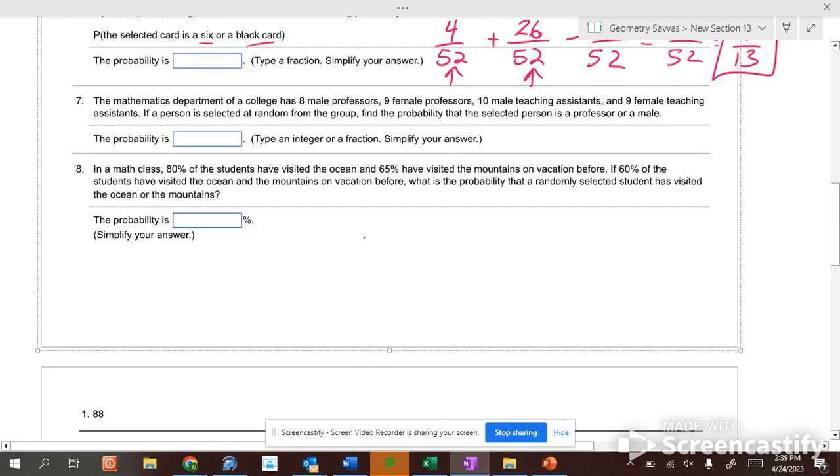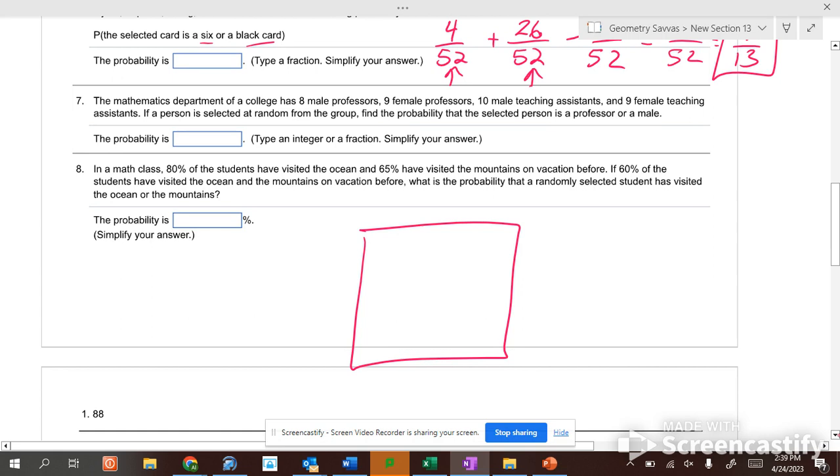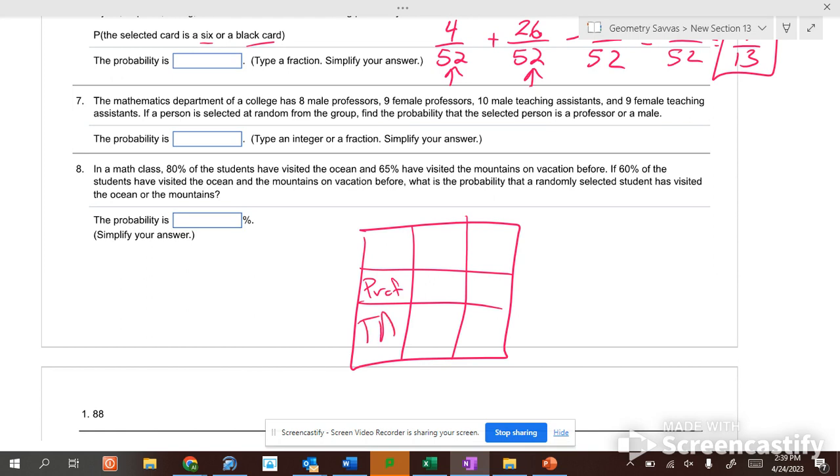A math department at a college has professors and teaching assistants that are either male or female. All right, if they have 8 male professors and 9 female professors, 10 male teaching assistants and 9 female teaching assistants, they have 17 professors and 19 teaching assistants, they have 18 females and 18 males.